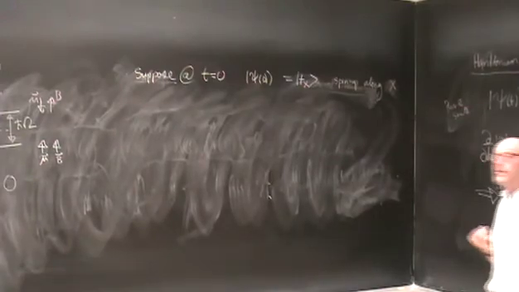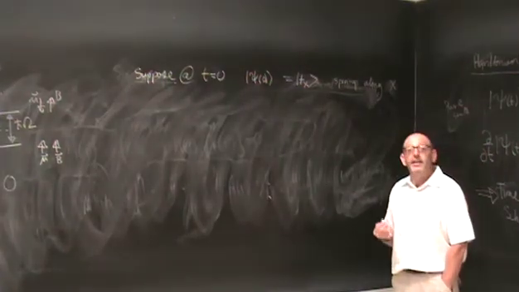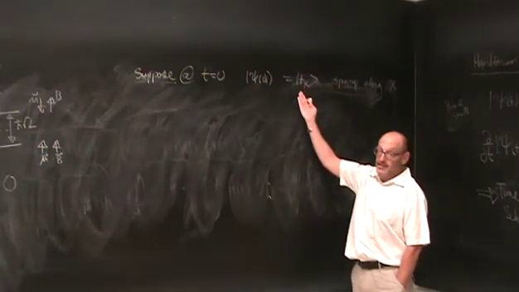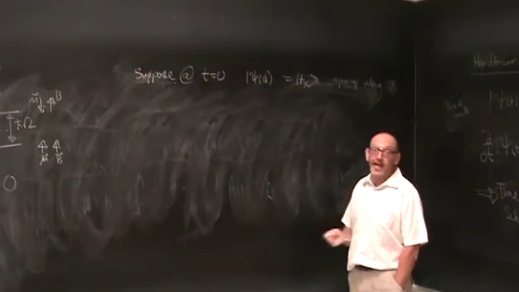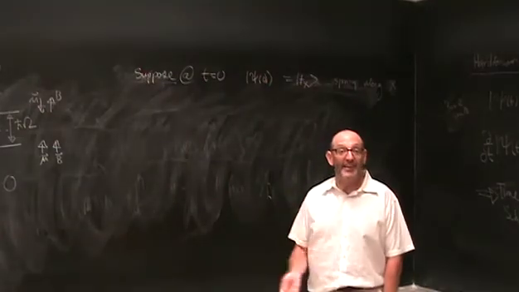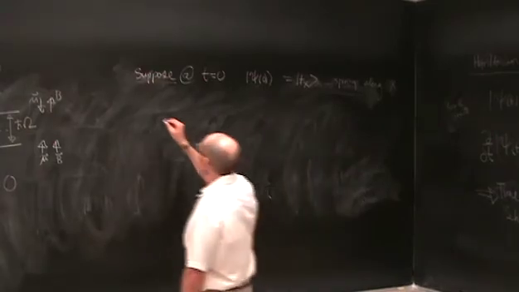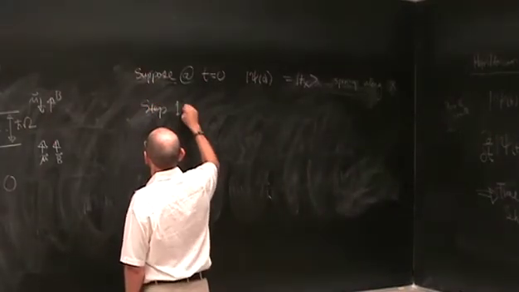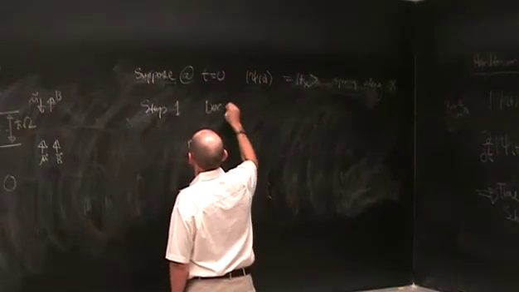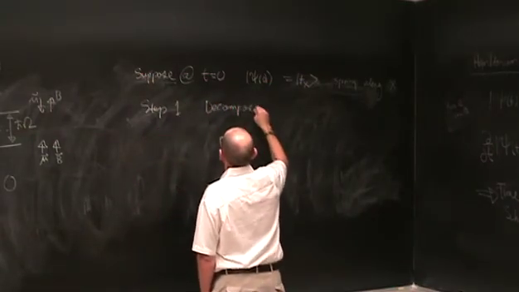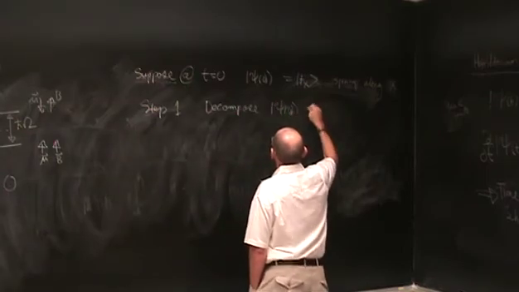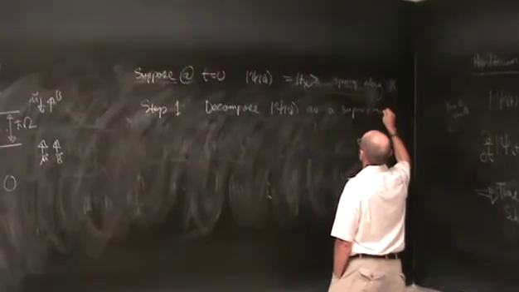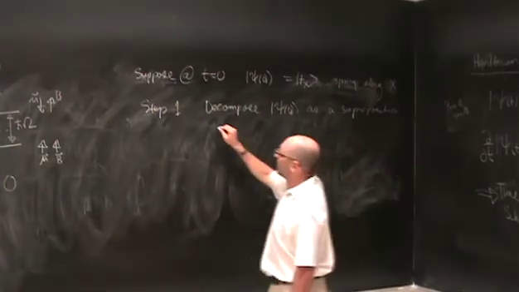There's lots of ways to do it, but the simplest way is the following. You decompose the initial state in terms of the eigenstates of the Hamiltonian. That's the first thing you do. So the first thing to do, step 1, decompose the initial state as a superposition of energy eigenstates.